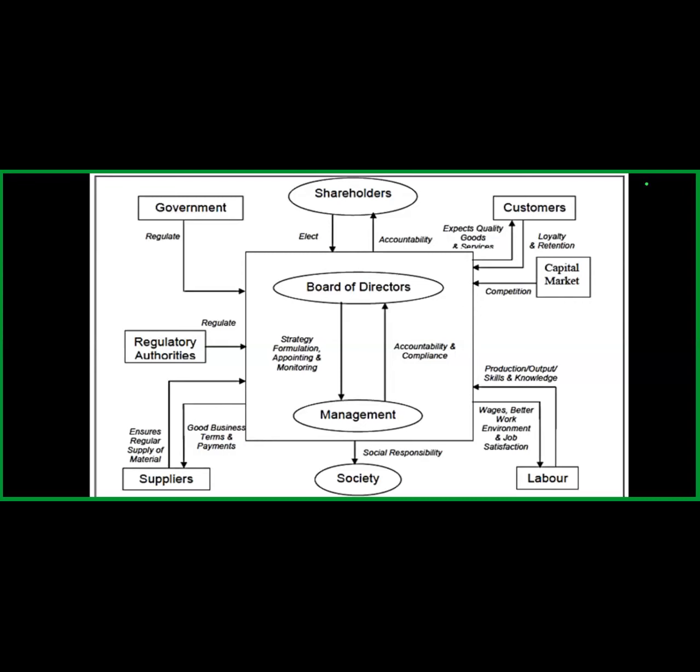And to make it compulsory, they have included this word called compliance. Compliance means it is compulsory on the part of the management, on the part of the organization, to perform all the statutory commitments which are expected under various rules and various laws.